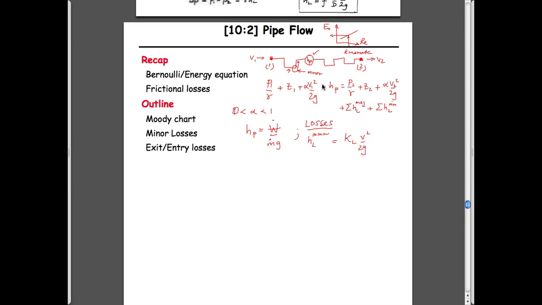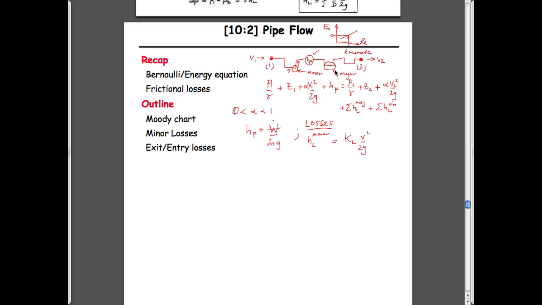The major losses, surprisingly, are the ones that just occur due to straight flow in the pipe. And I say surprisingly because nothing's really changing, right? It's just happily going along this pipe, and nothing particular is changing to either the direction or the magnitude of the velocity.